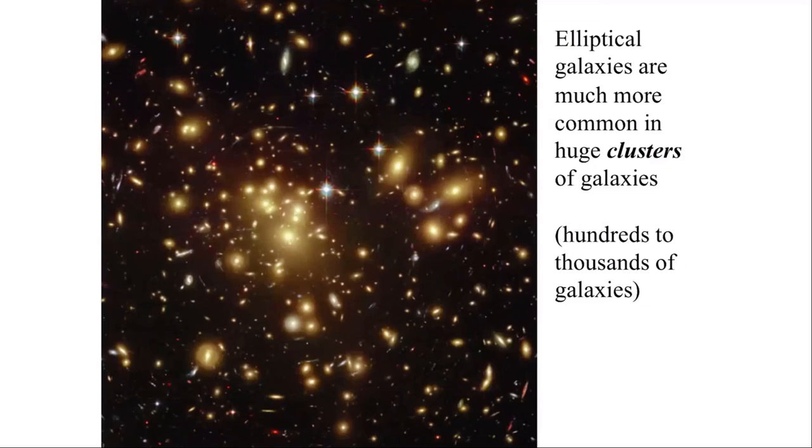And this is probably because when spiral galaxies are closer together, they tend to merge more often, and those merged spiral galaxies tend to turn into elliptical galaxies. So in regions of the universe where there is a larger density of galaxies, these mergers are more common, and you're more likely to turn what were originally spiral galaxies into elliptical galaxies in the end.